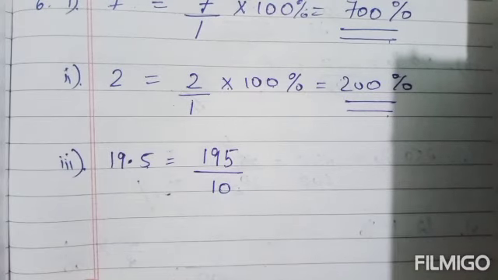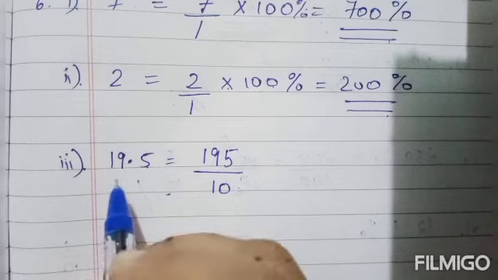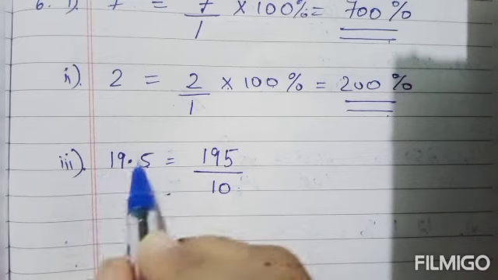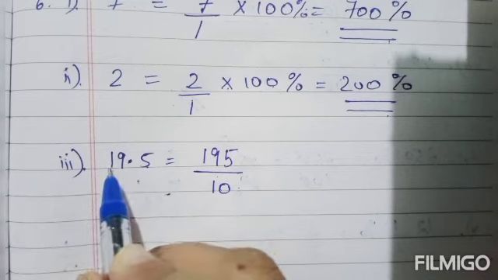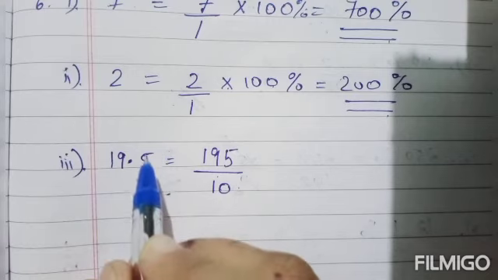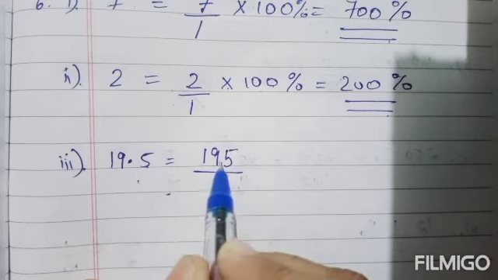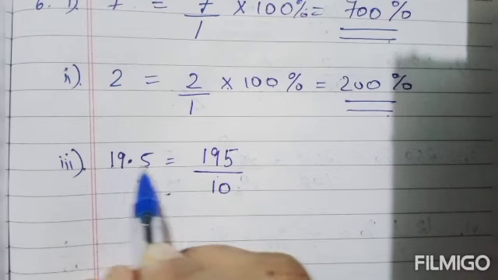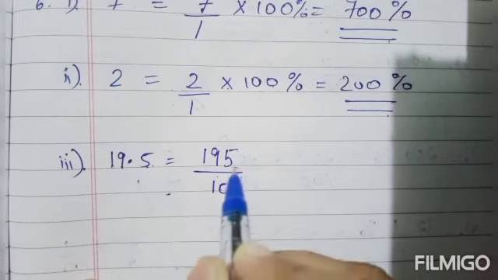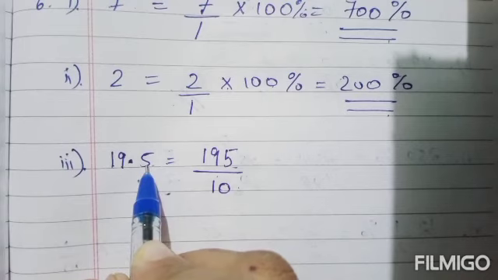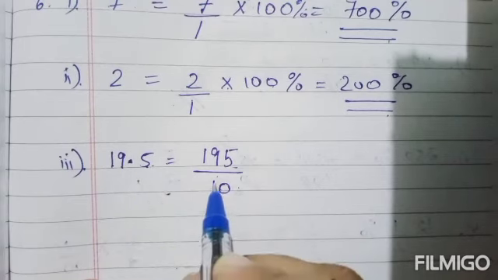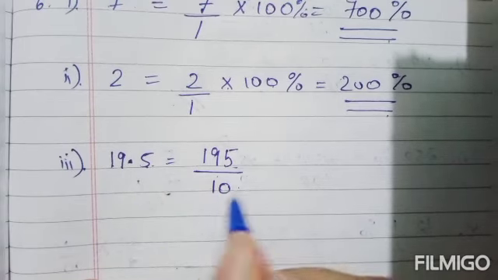It is 10. You have studied about this in the chapter decimal fraction, conversion of decimal fraction to fraction. So it will be division by 10.